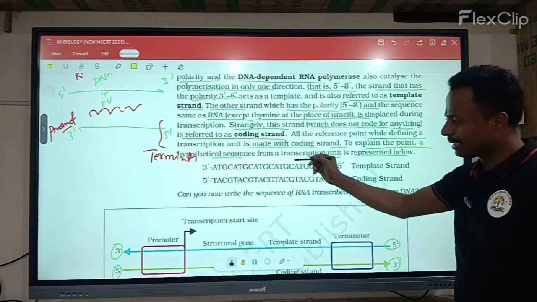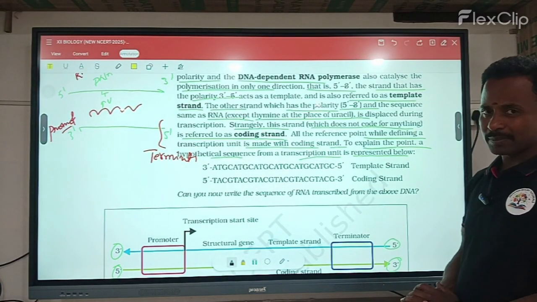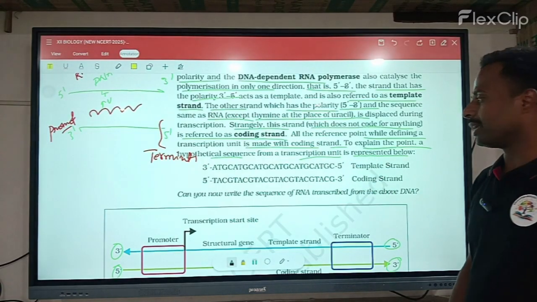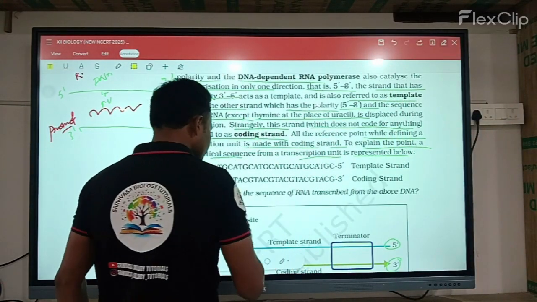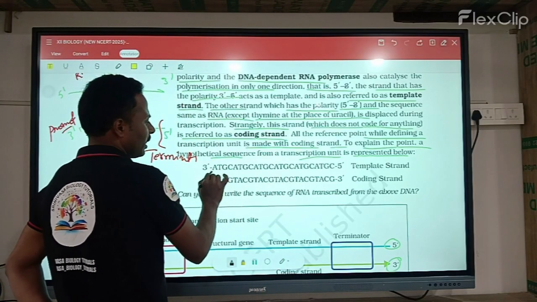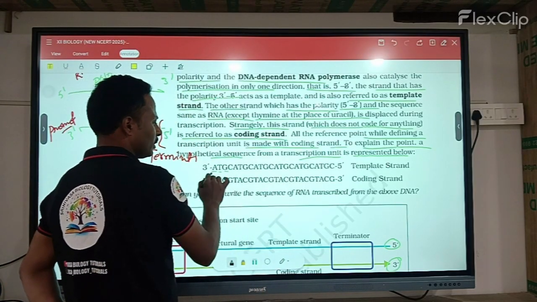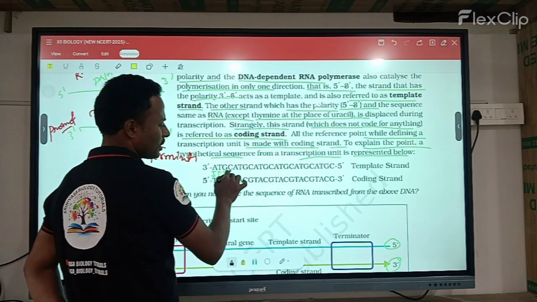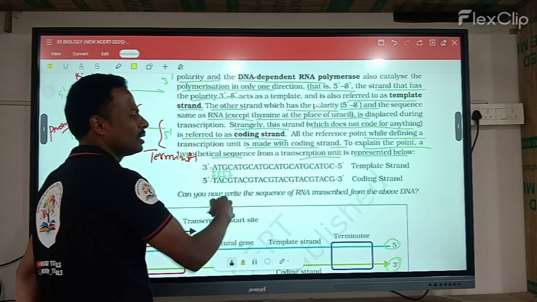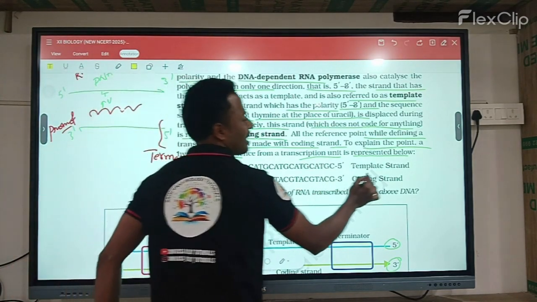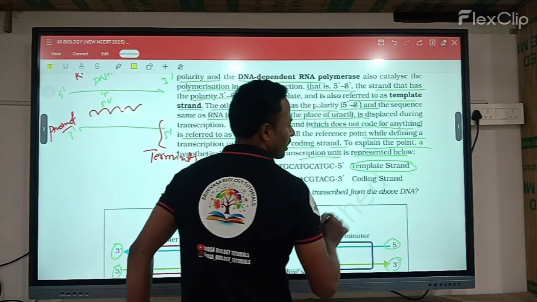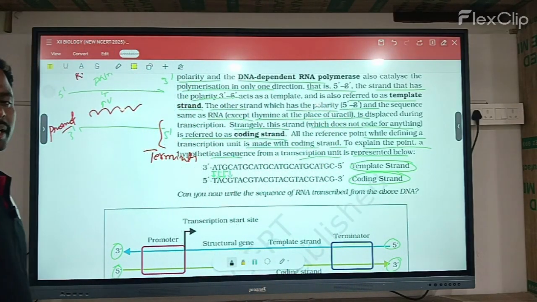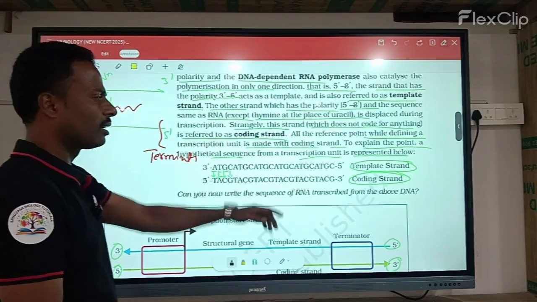So how the transcription unit works is given here, along with the coding strand: adenine, thymine, guanine. You already know that adenine binds with thymine, and guanine binds with cytosine. So one acts as the template strand and the other acts as the coding strand.